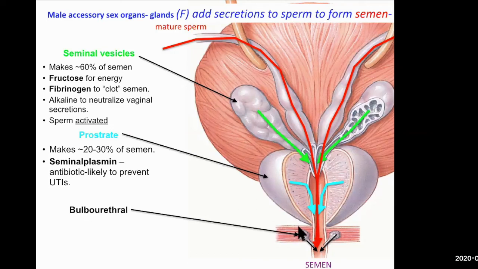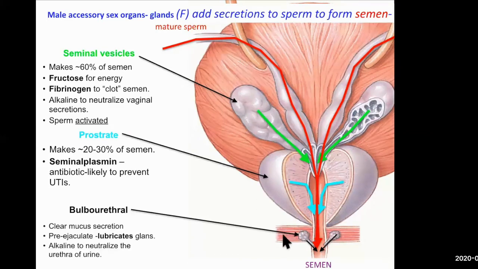So next glands down here, you got the bulbourethral glands. This is going to also produce some alkaline secretions to neutralize the urethra of urine, right? Because we got that shared tract right there, right? So all these things together are going to form semen, right? So you got the mature sperm, all these secretions, and then that makes the semen, actually.